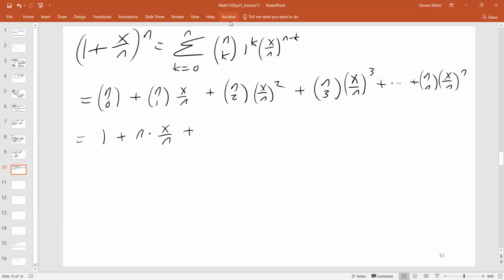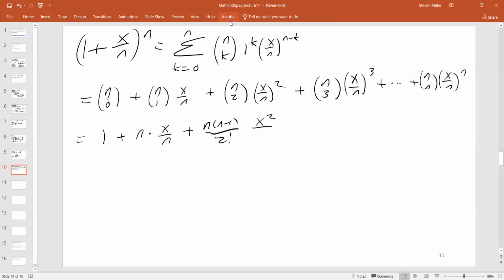Now the next one is n choose 2. What is n choose 2? So it's n factorial over 2 factorial n minus 2 factorial. Well, because I have an n minus 2 factorial downstairs, it's just going to be n times n minus 1 over 2 factorial.